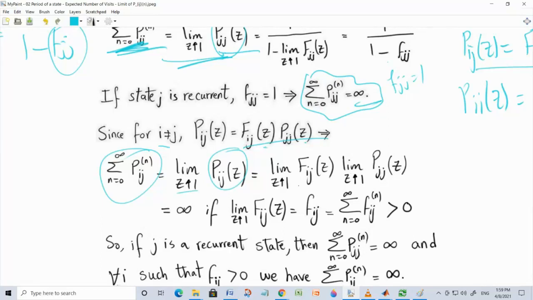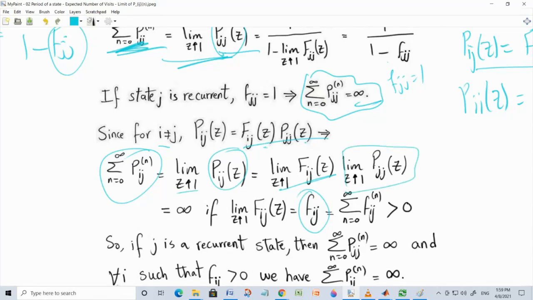Now suppose that this factor is not equal to 0. The limit of this one is F_ij, which is the probability that sooner or later you will enter J for the first time starting from state i. If F_ij is not equal to 0, it's just some positive number, and it is multiplied by a limit.